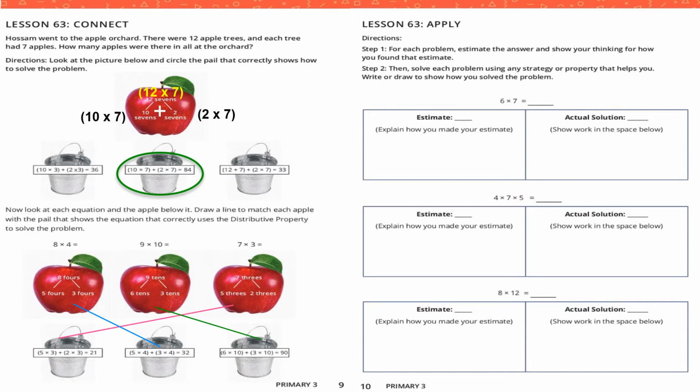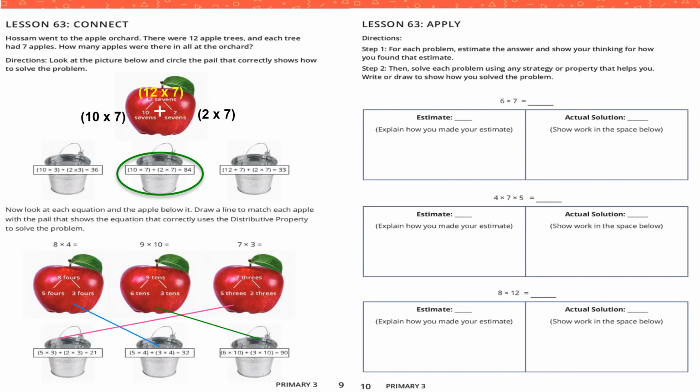Yes, this. Now let's move to the apply part. We have here some equations. He wants me to find the actual solution or estimate, but I know the times table, so I don't need to estimate.